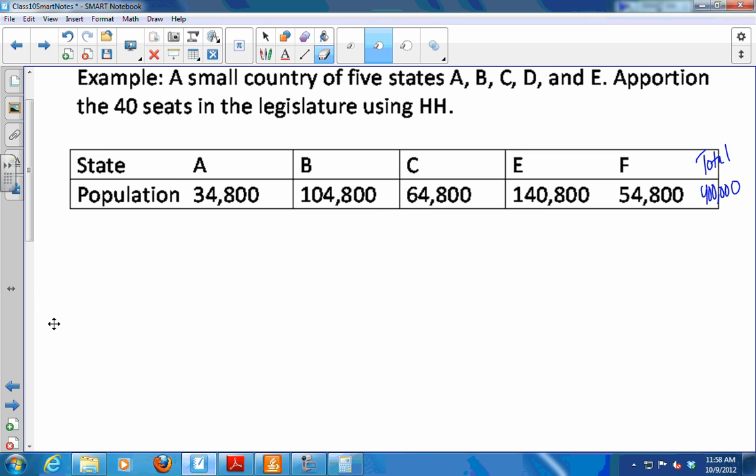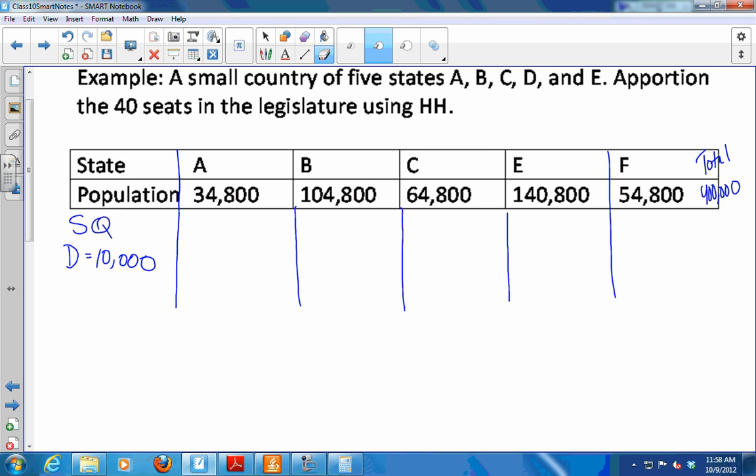So I'm going to compute the standard quotas, where I'm using D as 10,000. 10,000 people per seat. So I'm going to divide each number by 10,000. So I would move the decimal how many places to the left to divide by 10,000? 4.